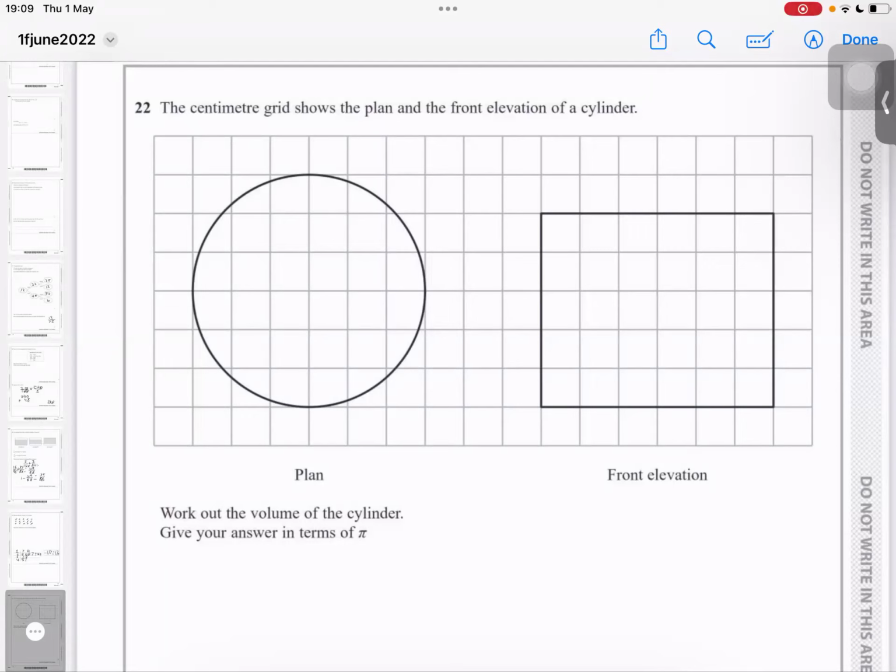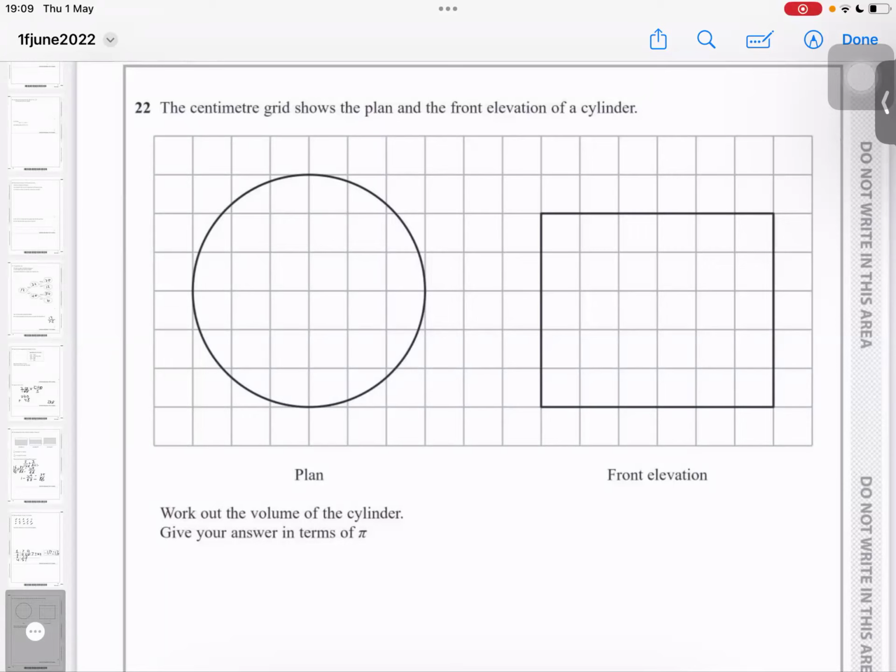Okay, we know that the volume for any solid shape is simply the area times the height. The area of the shape, which in this case is the circle on top, times the height.